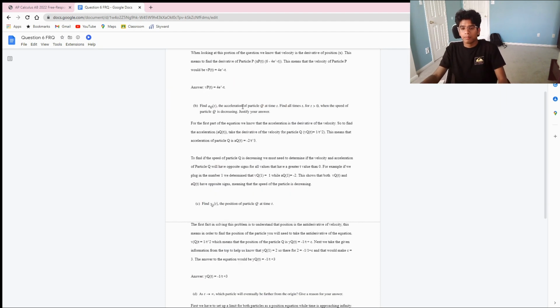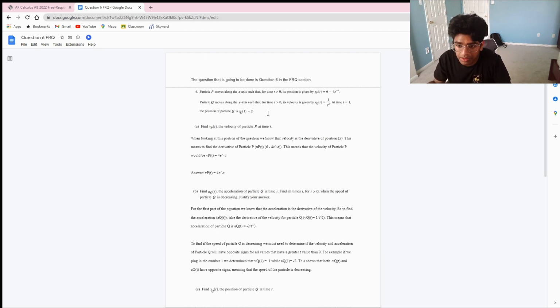Part B is asking us what is the acceleration, and whether we can determine if the speed is decreasing, and we have to justify the answer. Let's start with the acceleration. To find it, we have to find the derivative of the velocity, and for particle Q we are given its velocity.